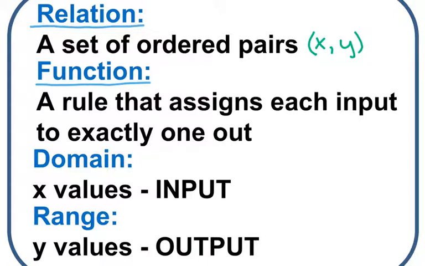It's a rule that assigns each input to exactly one output. Okay, the domain is what we consider to be our x values or our input. And then the range is our y values or our output. So please make sure you pause the video and write all 4 of these vocabulary words down.